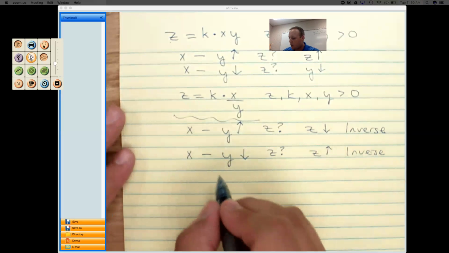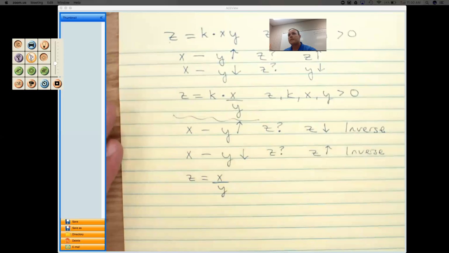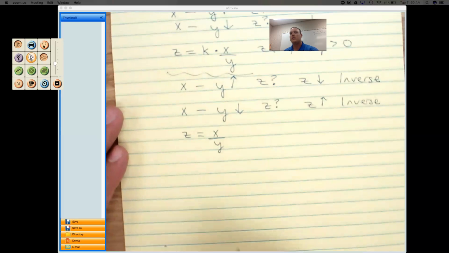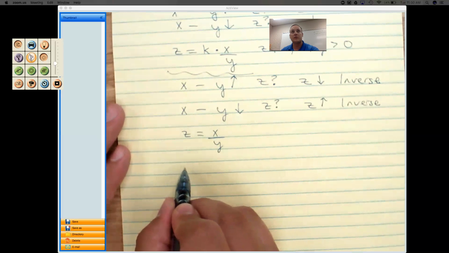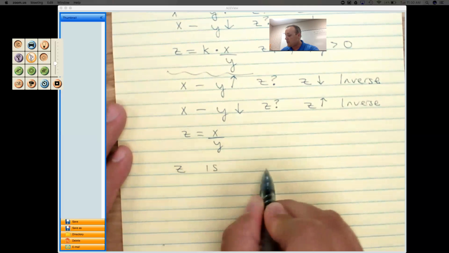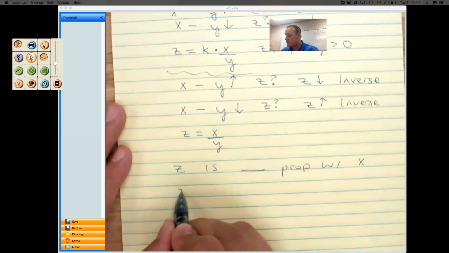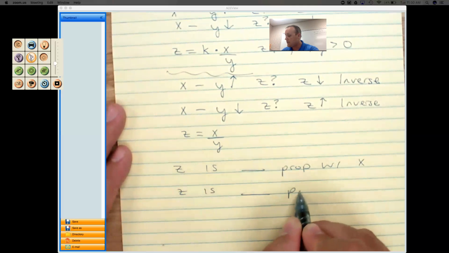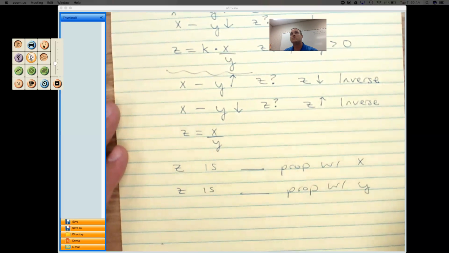All right, now, one last thing here. For these prompts, you're going to tell your shoulder partners, just the person next to you: z is blank proportional with x, and z is blank proportional with y. Go. Talk.